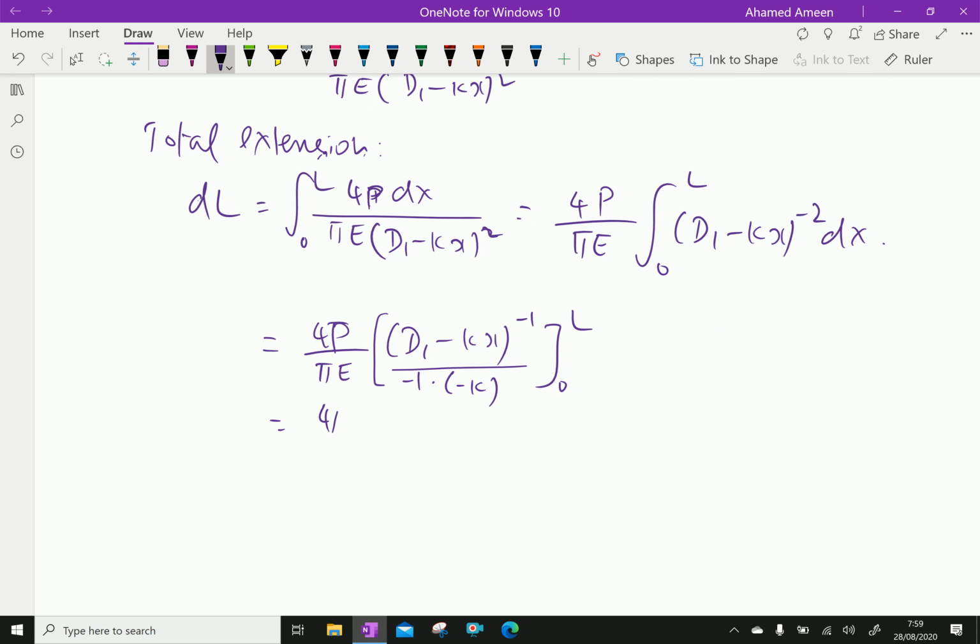So 4P by pi E, 1 over minus 1 into k, (D1 minus kx) over 1.